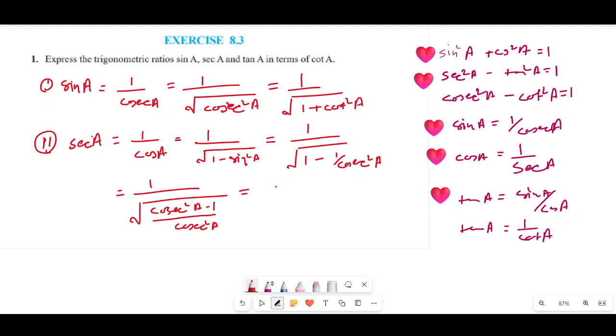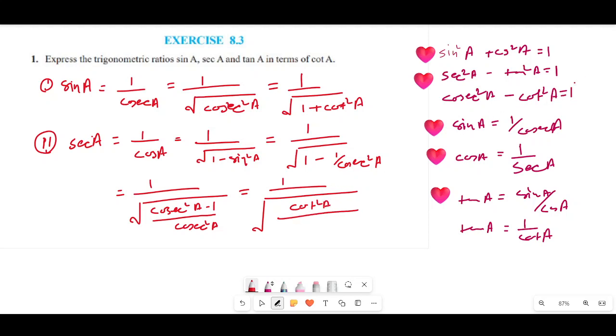Now cosec square A is 1 plus cot square A, clear, and cosec square A minus 1 is cot square A. So we can write it in the form like this. This will be cot square A with the help of this formula.